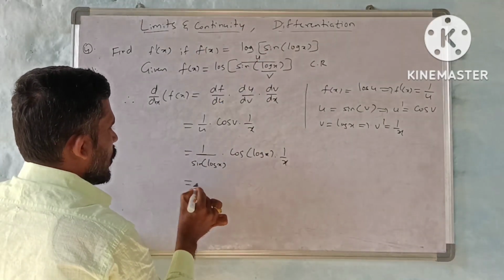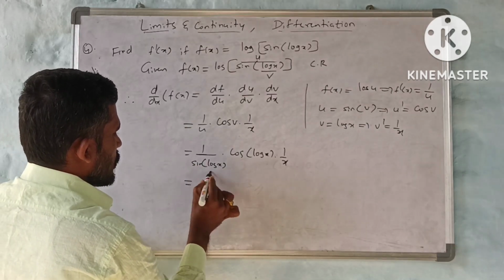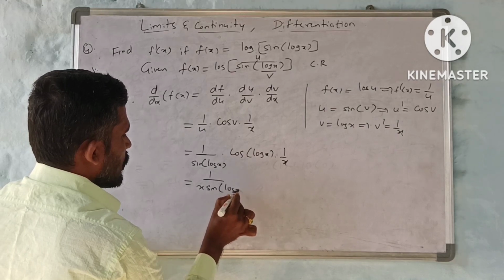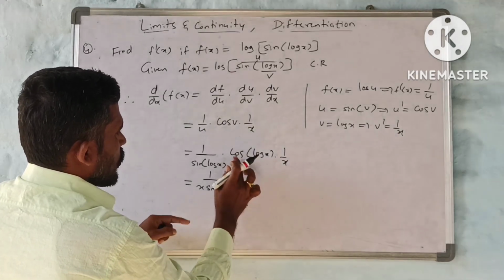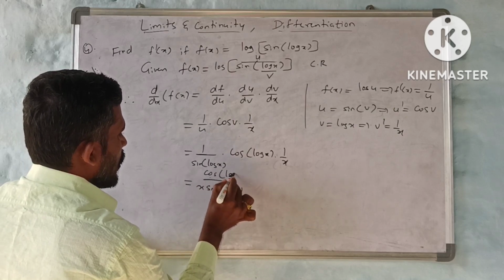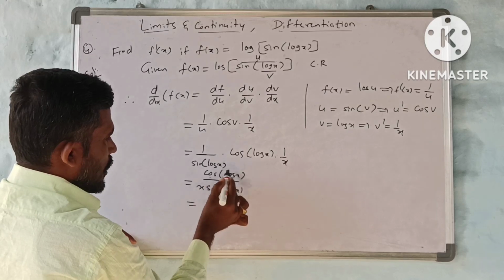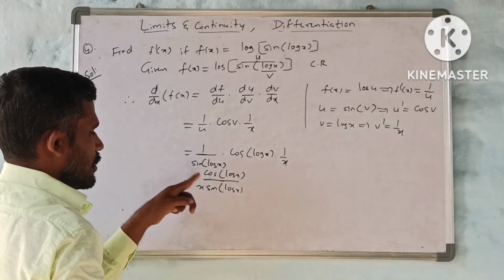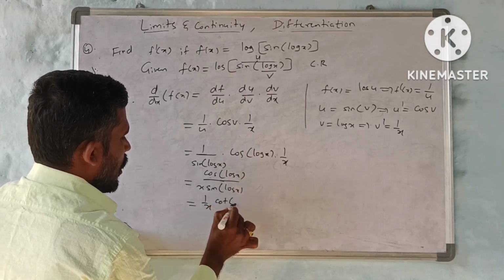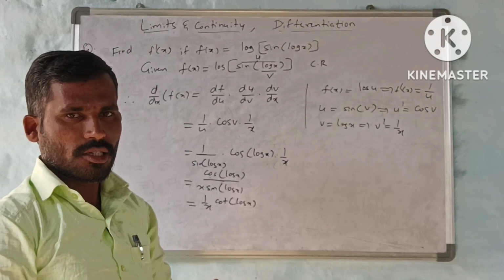When I simplify this, 1 by sin of log x times 1 by x, this can be written as cos of log x by x sin of log x. Cos of log x by sin of log x is cot of log x, because cos by sin is cot.